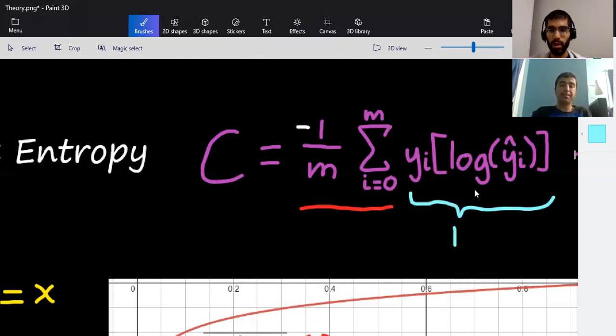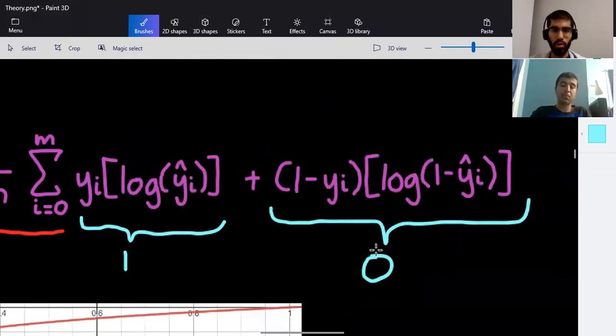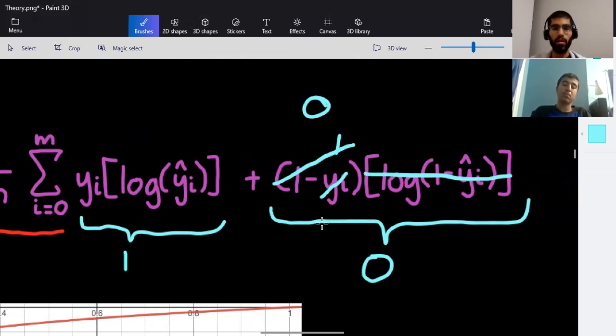Now we're going to have another part. This is for when y is equal to 0. Why is that? Well, consider again, let's say we substituted 1 here. So for this, we had y is equal to 1. Then 1 minus 1 is equal to 0, and 0 times whatever is just still 0.